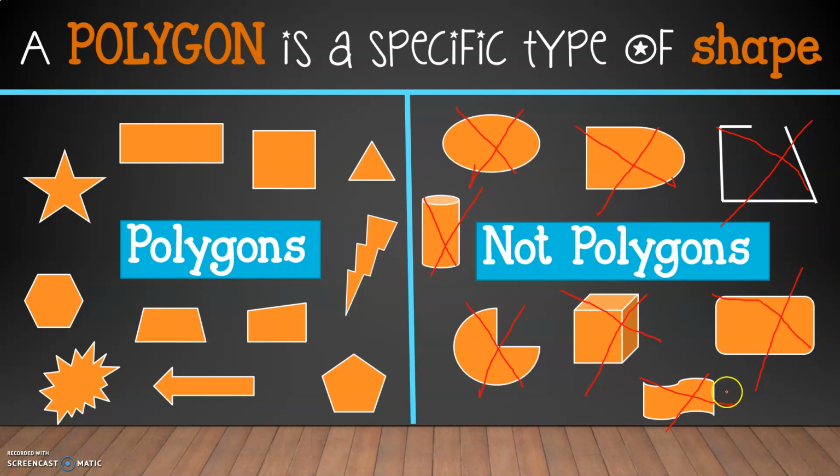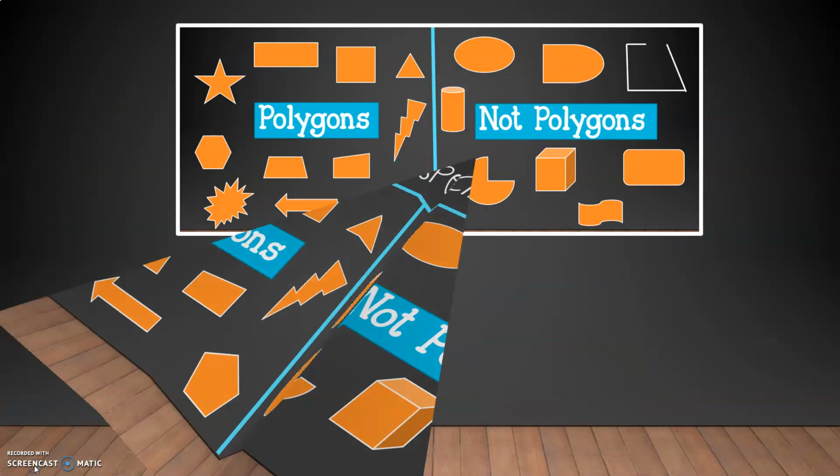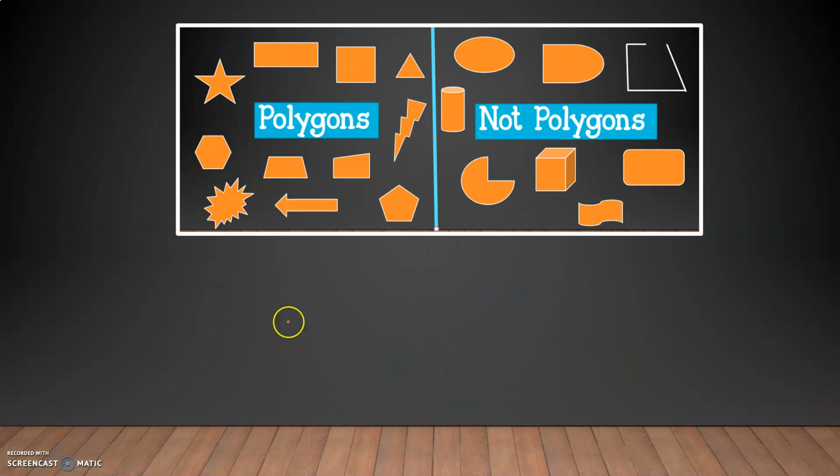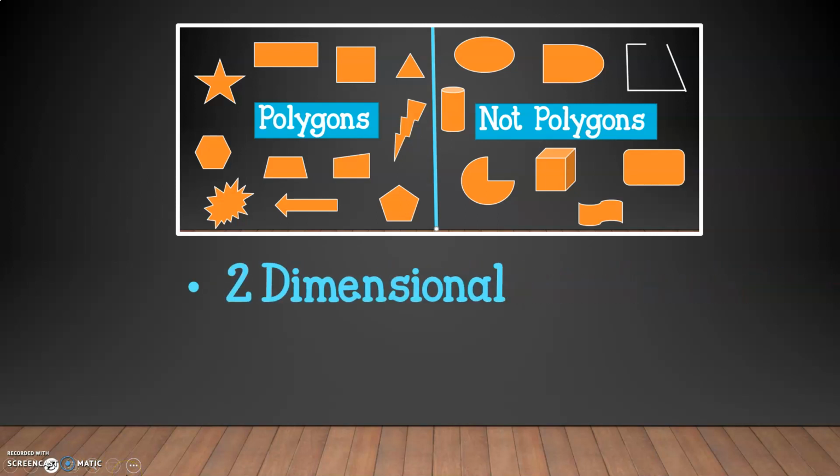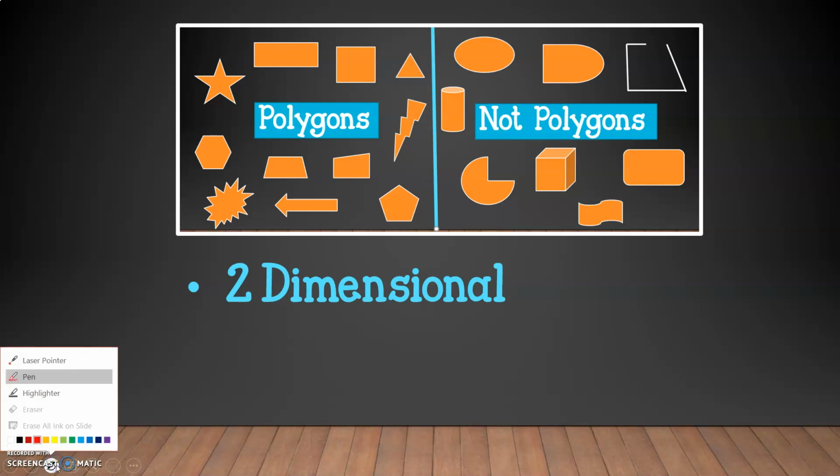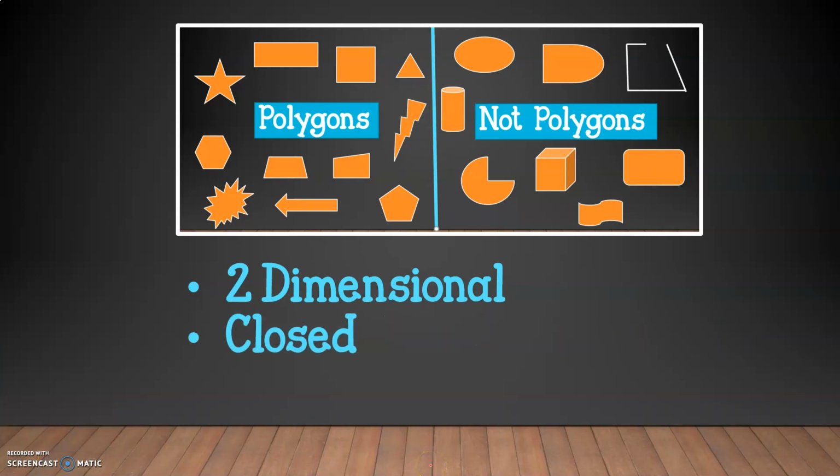So I know now that to be a polygon, I have to have certain attributes. So polygons are two-dimensional, meaning they are flat or plane shaped. They have closed sides, meaning nothing can get in and nothing can go out.